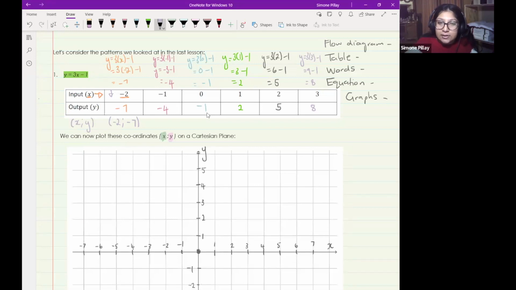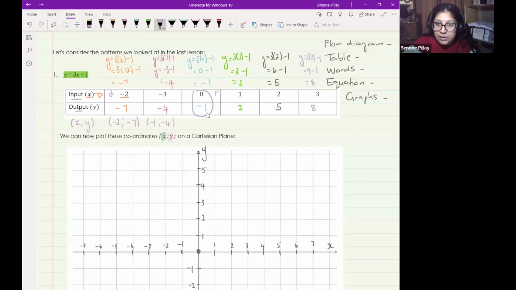So let's look at this. Let's try another coordinate. Remember, the coordinate pairs are just the collection of X and Y values. So when my input is something, what is my output? Here, when I have an input of -1, my output is -4. Okay, let's look at this. I have an input and I have an output.